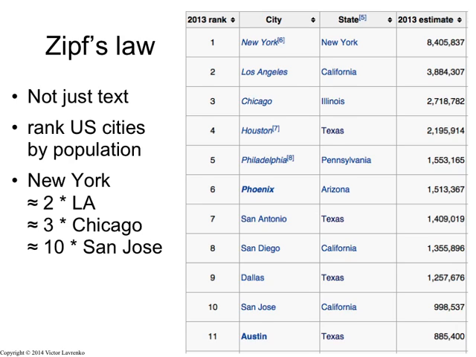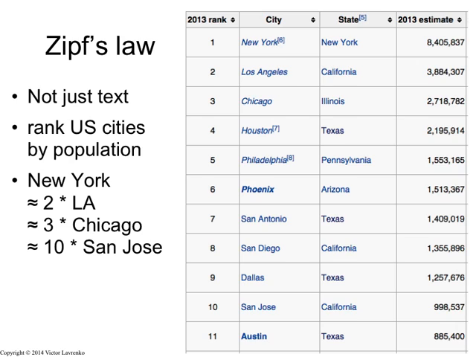These are the largest cities in the United States as of a year ago, and this column is their population estimate from a census, and that is the rank. If you look at the numbers, you'll see Zipf's law again. New York City has a population of 8.5 million, LA comes second with 3.8 million, 3.8 times 2 is a little bit under 8.